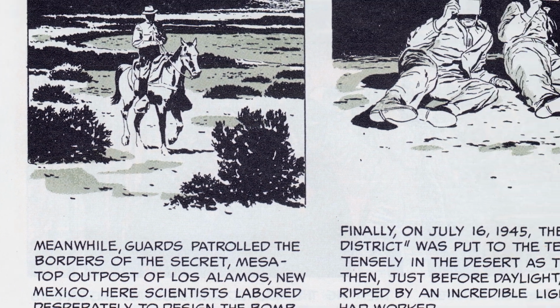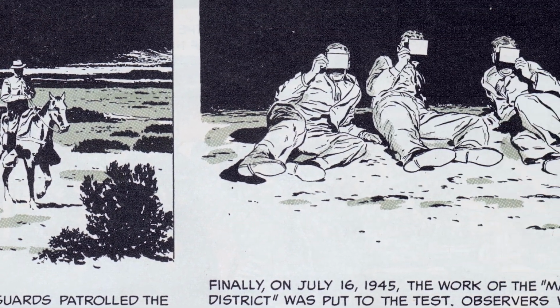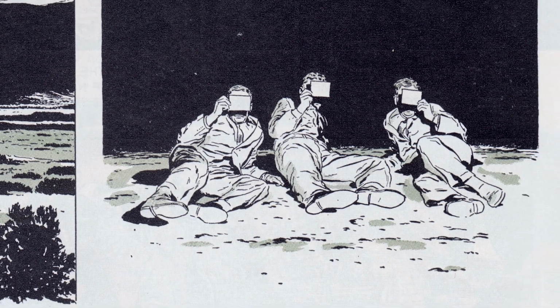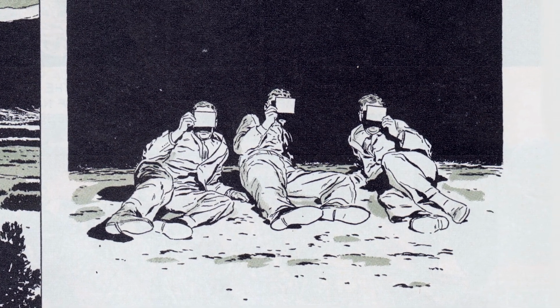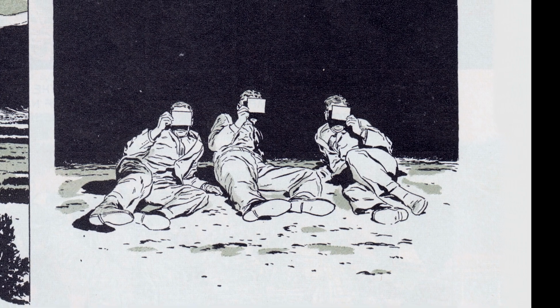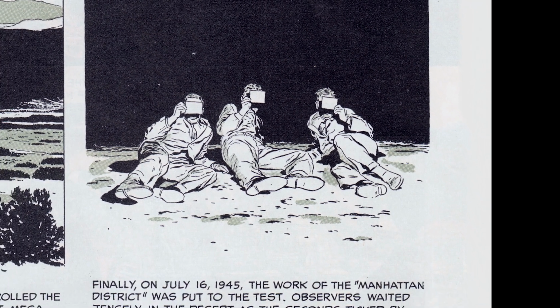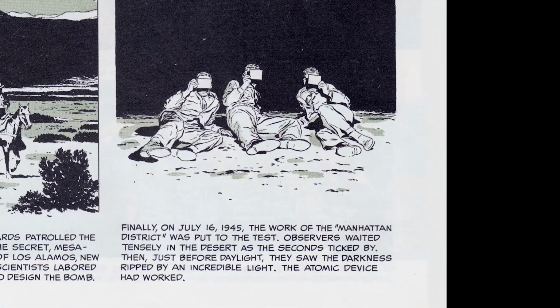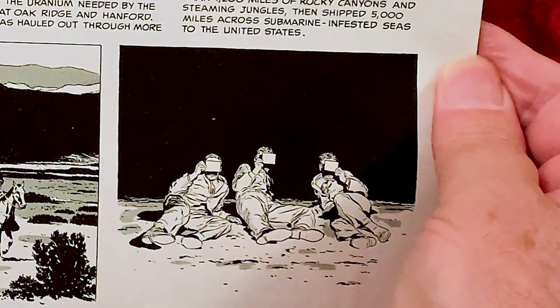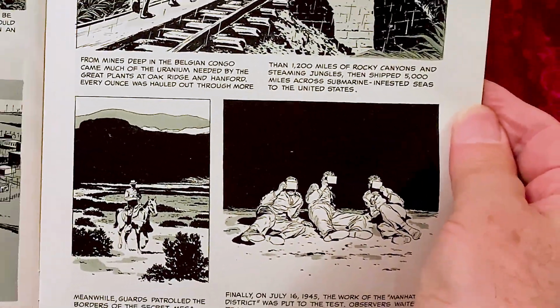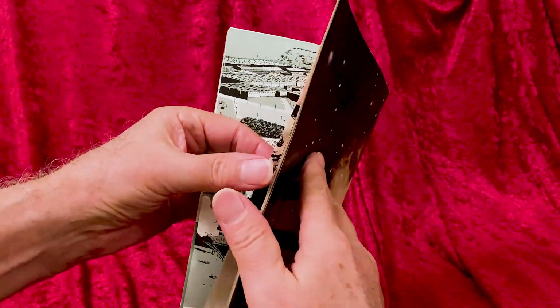Finally, on July 16, 1945, the work of the Manhattan District was put to the test. Observers waited tensely in the desert as the seconds ticked by. Then, just before daylight, they saw the darkness ripped by an incredible light. The atomic device had worked.